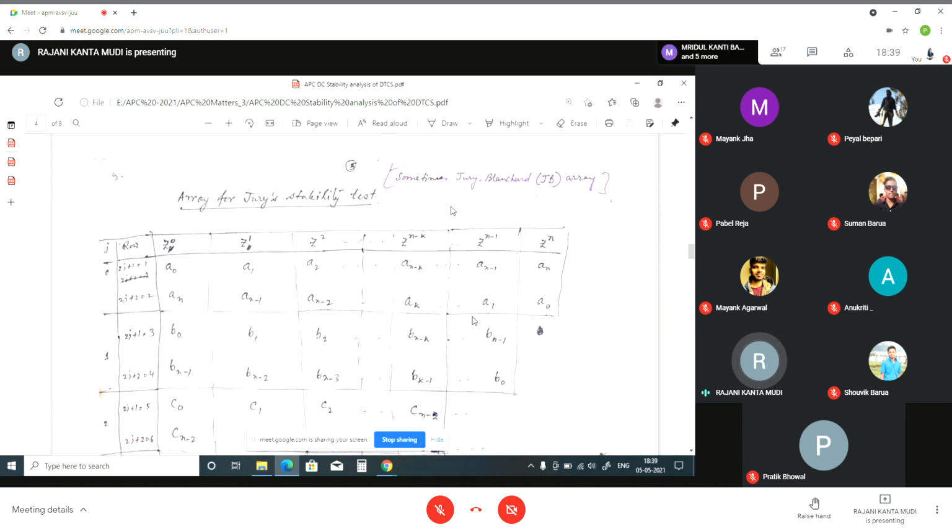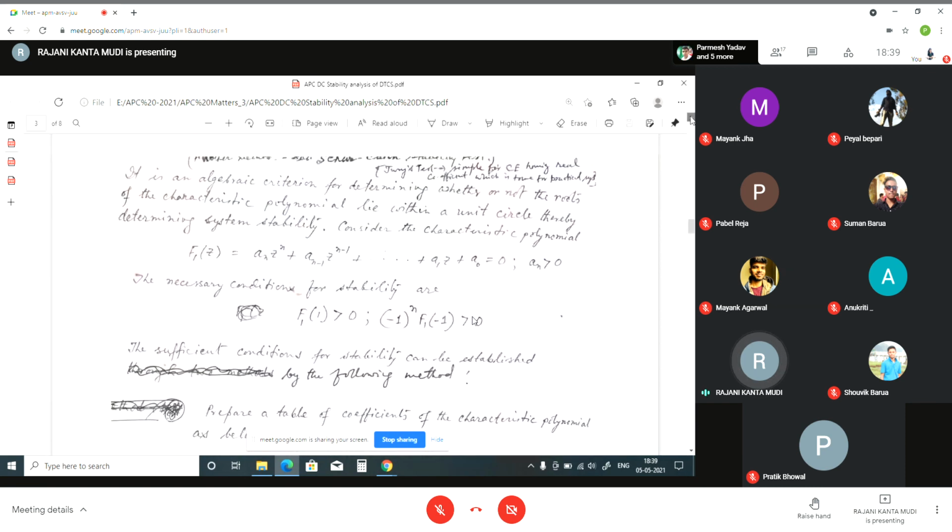That is why Routh-Hurwitz criteria is not directly applicable for discrete data control systems. I have already discussed two reasons.